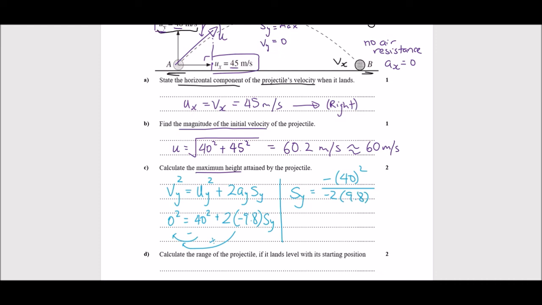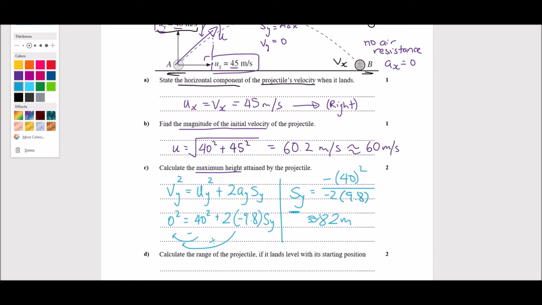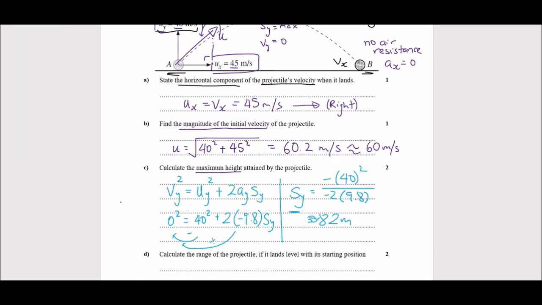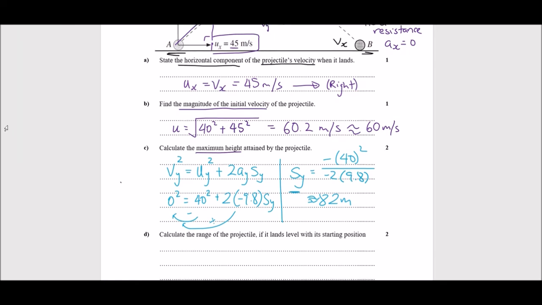I'll put it into my calculator again, and we get about 82 meters in height. So that's the maximum displacement in the vertical component. That's really good. I'll change colors again because that looks a little bit light to me.